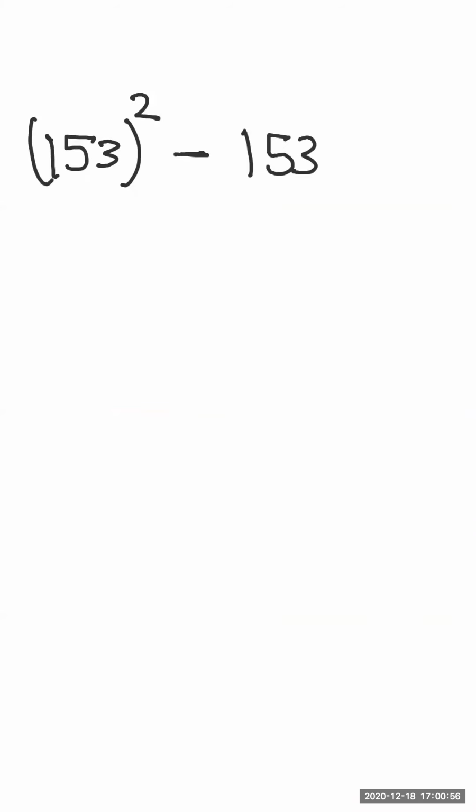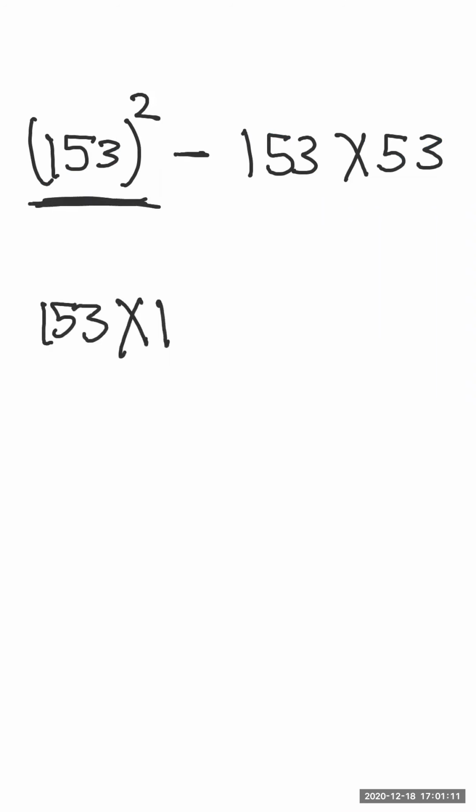The next question, if the numbers are like this, 153 squared minus 153 times 53. Is there any difference here? No, of course. Because this 153 squared means it's 153 times itself.